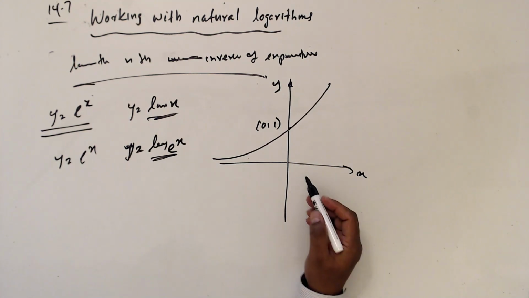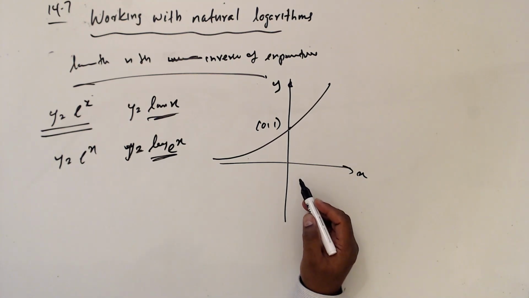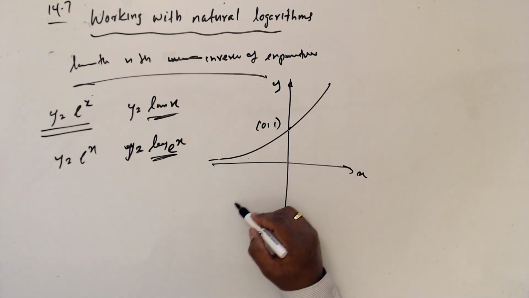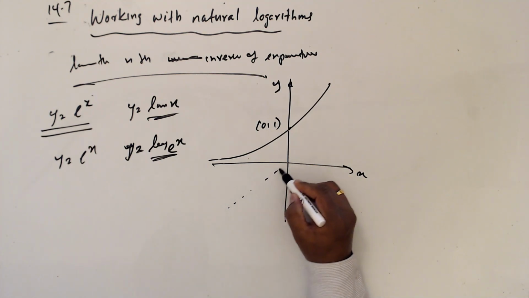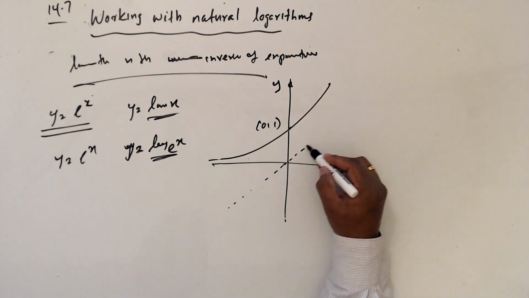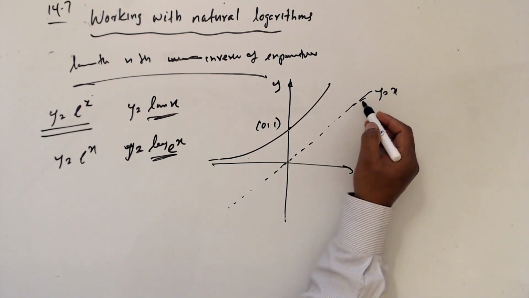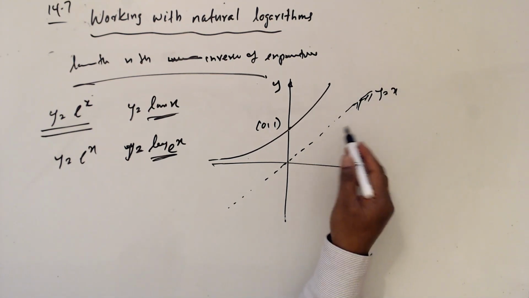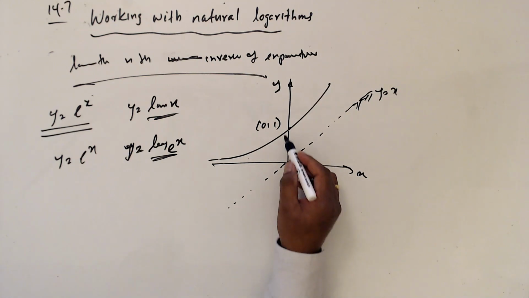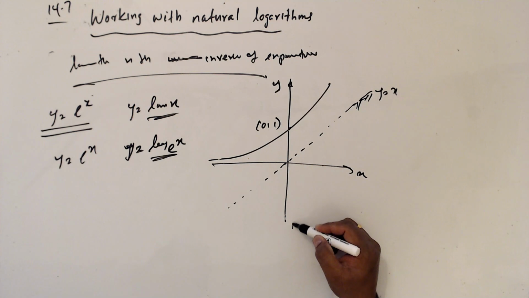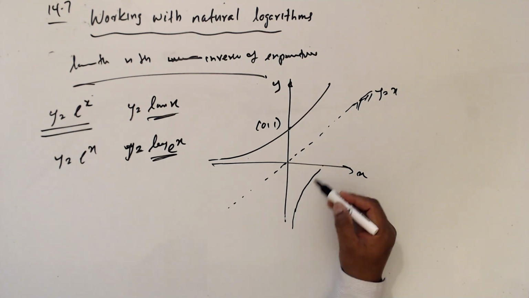In the second book we will discuss how to draw an inverse graph. Usually we can draw an inverse graph by first drawing the line y equal x and bringing a mirror. When we keep the mirror on that line, the mirror reflection is the inverse graph.